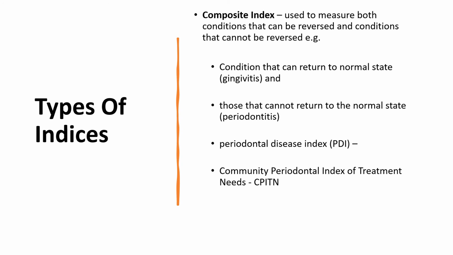So any index that you can use to measure gingivitis, which you can measure today and detect the presence of gingivitis, and you measure it tomorrow in the same patient after you've given treatment, and you find that it has been reversed, there is now the absence of gingivitis, and you use the same instrument, the same index, to measure in a case where no treatment was given, no precautions were taken, and the disease progressed to an irreversible stage of periodontitis, where you now have loss of alveolar bone and destruction and all that.